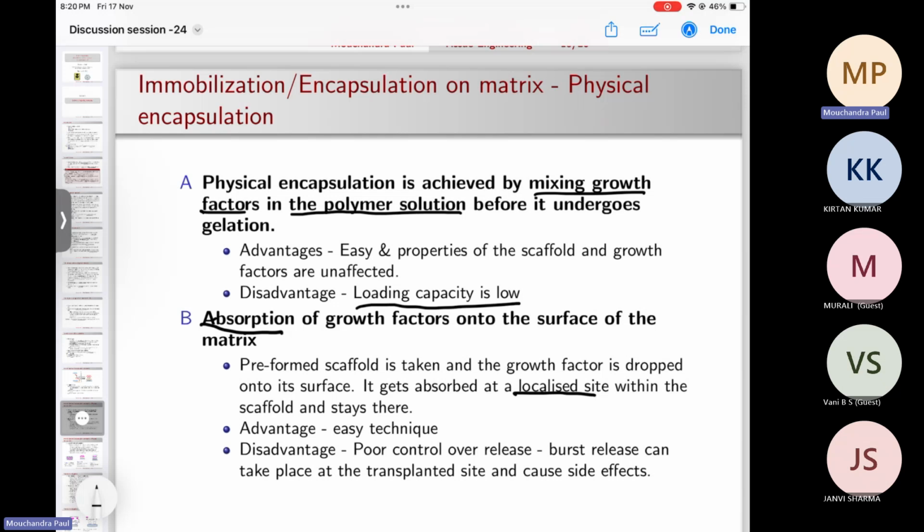Burst release means you will see a sharp peak, an instantaneously high concentration of growth factor, and it might be toxic to that tissue area and cause cell death, rather than promoting cell growth. You can even generate cell mutation. That is why we don't prefer a technique which gives you burst release. We always go for a technique which will give you a sustained release.